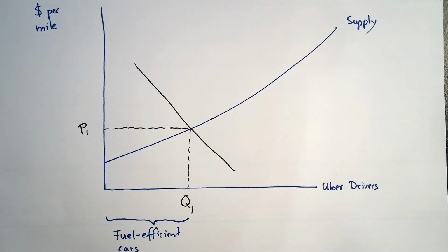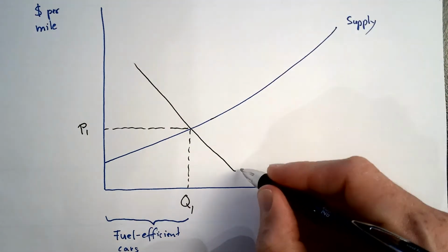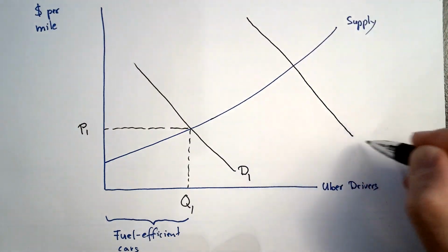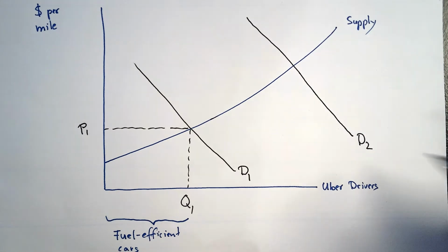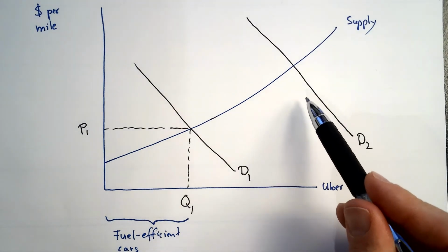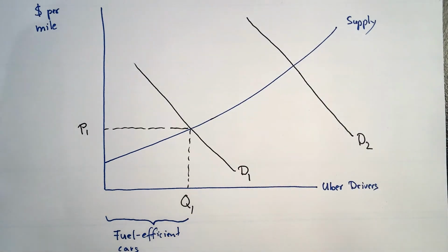Now, if the demand suddenly surges, okay, so for example, here you have the demand 1, let's call it now demand 2. Think about some event happening in downtown. Then you suddenly have a lot of people demanding an Uber driver. Okay.